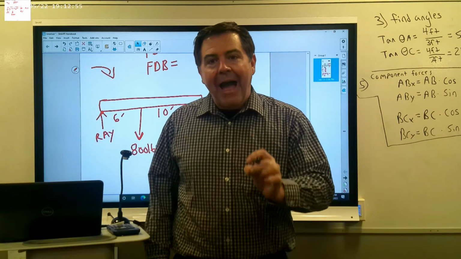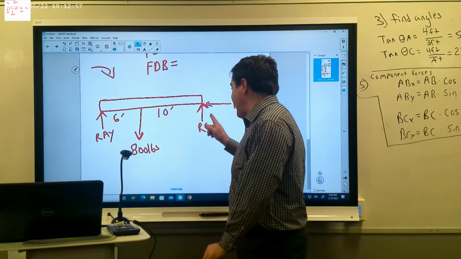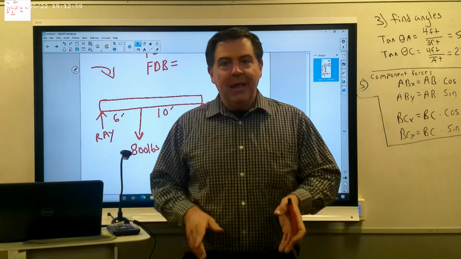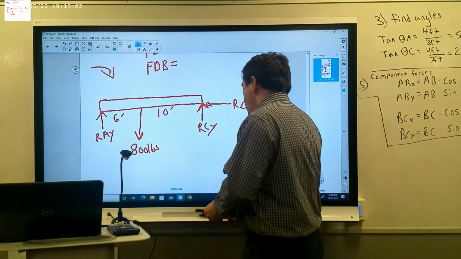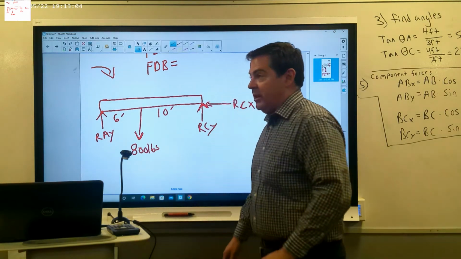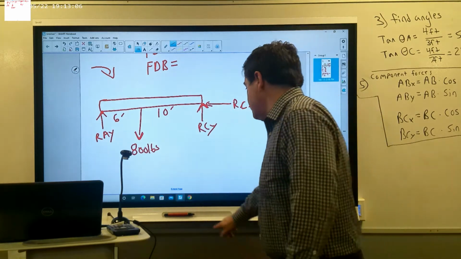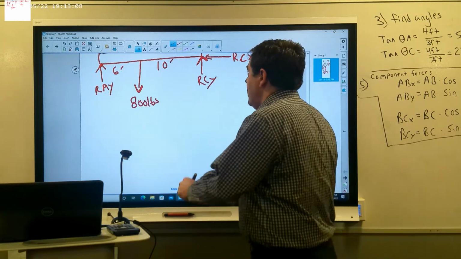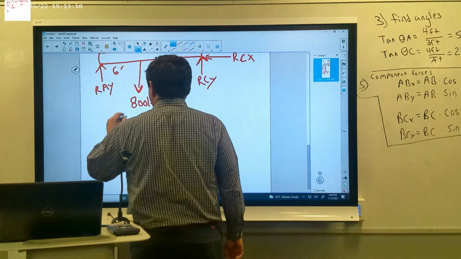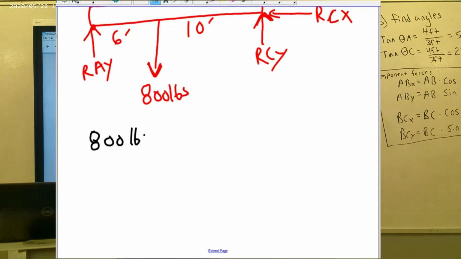Well, knowing that, we can solve for reaction force Cy. This is how we do this. We're going to go ahead and set up an equilibrium equation. And we're going to say that 800 pounds times 6 feet.